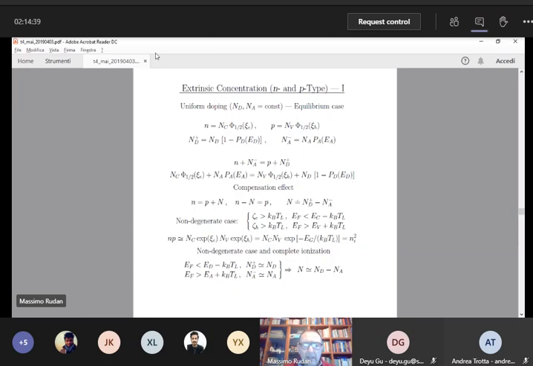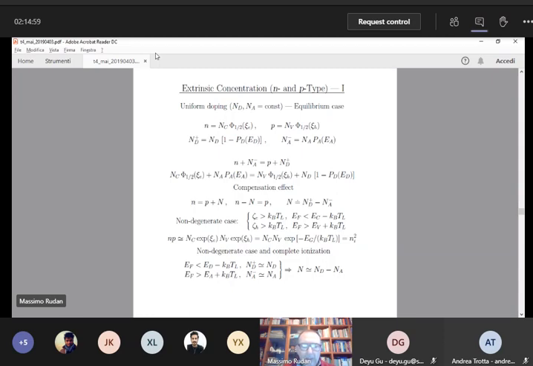So both concentrations capital ND and capital NA of dopants are constant. The calculation is identical to the other cases, so there is absolutely nothing new.